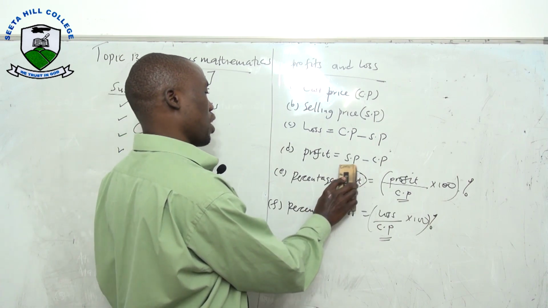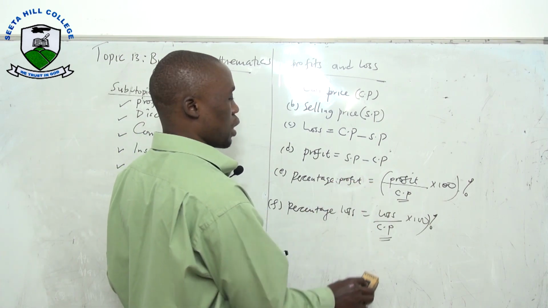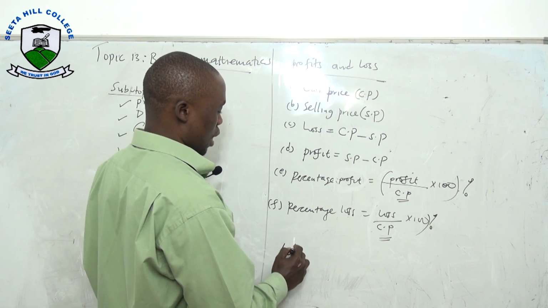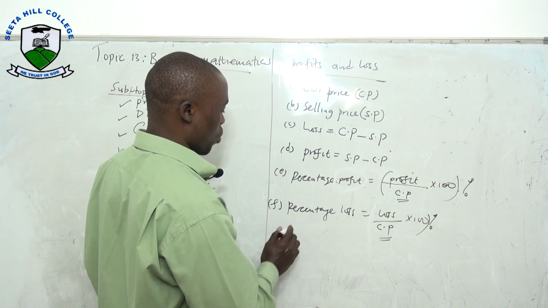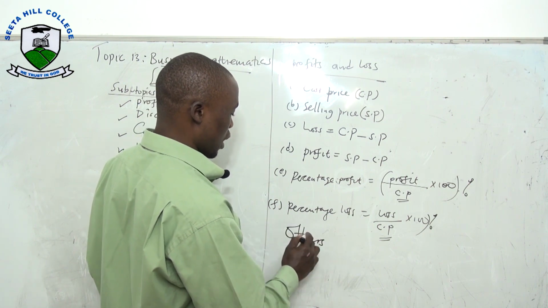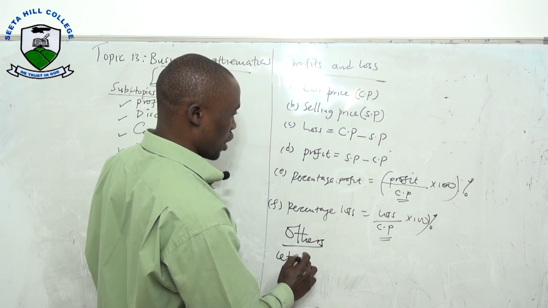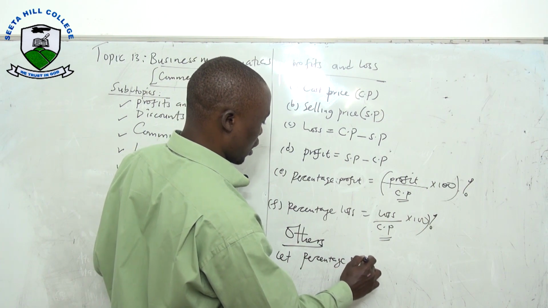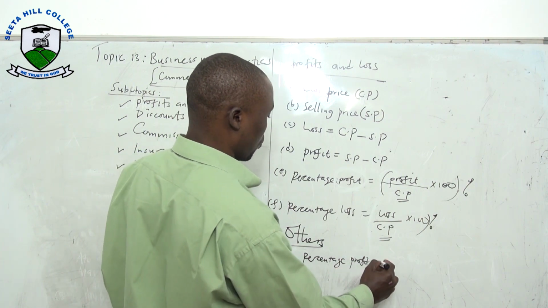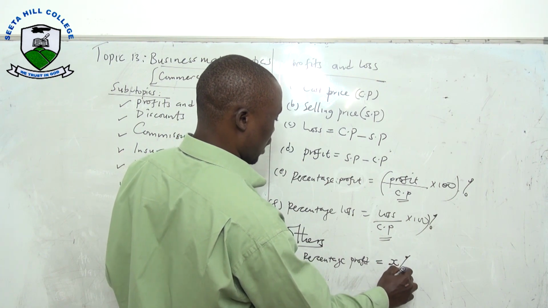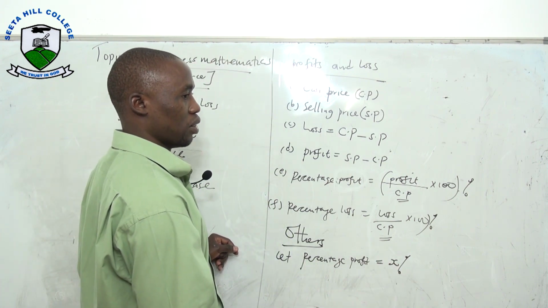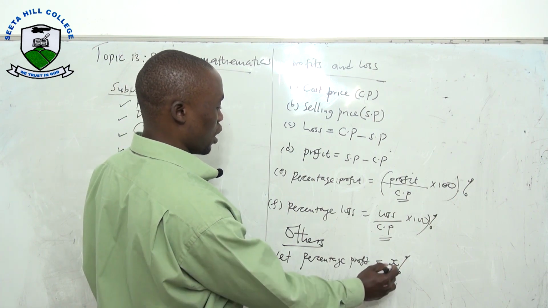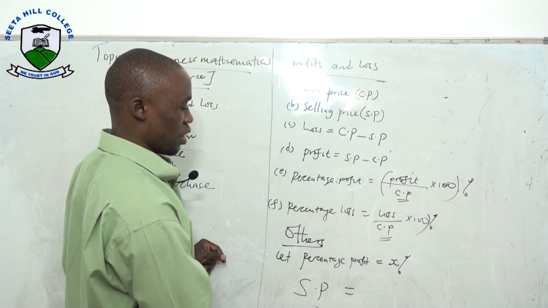Now, I want us to get more formulas. Assuming other formulas now, let percentage profit be X%. Not so? If I wanted the selling price in terms of this, how will I achieve that?